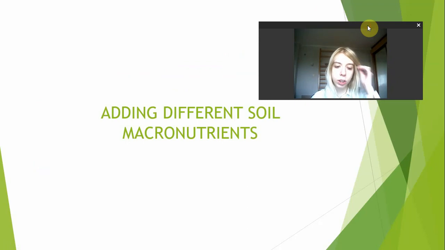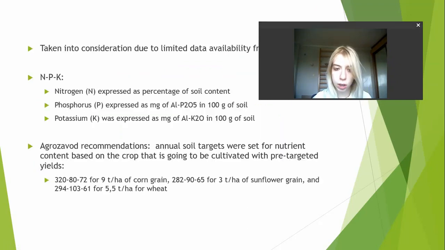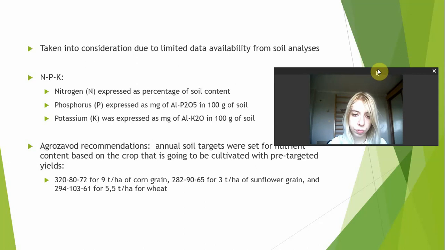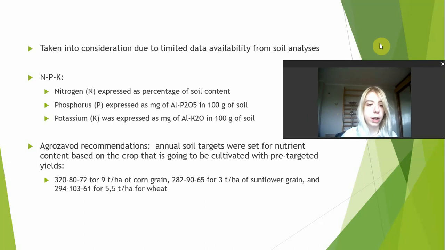So now we are talking about adding different soil macronutrients. This is another methodology. First we need to say that we have limited data availability considering soil analysis. We used the NPK method, which is nitrogen, phosphorus, potassium.